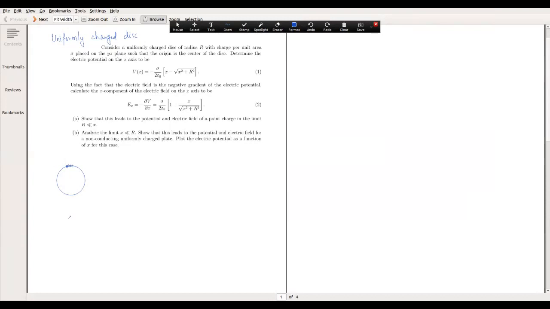So let's say this is lambda, which is charge per unit length. Let's say the total amount of charge on the ring is q ring, and the charge per unit length will be q ring over 2 pi times r, where r is the radius of the ring.